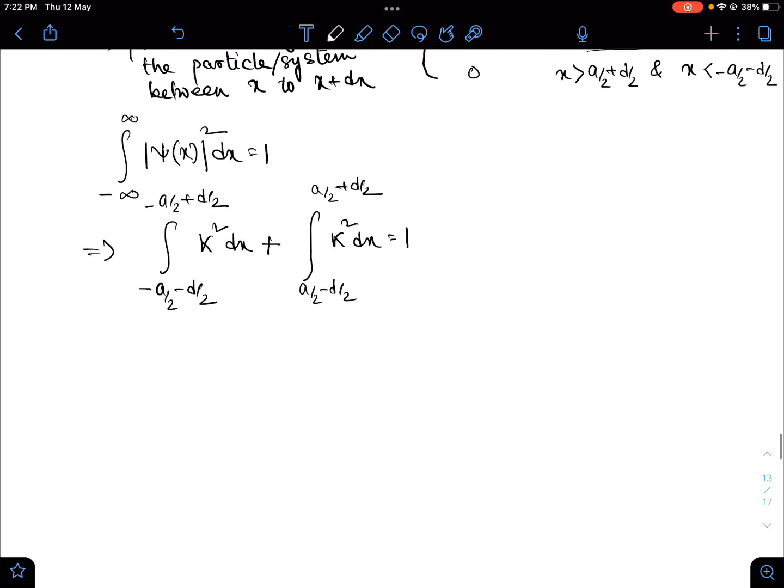If we evaluate this integration, first we have the term k squared times the limits minus a/2 to minus a/2 plus d/2. This is a very standard integration. This should be 1.